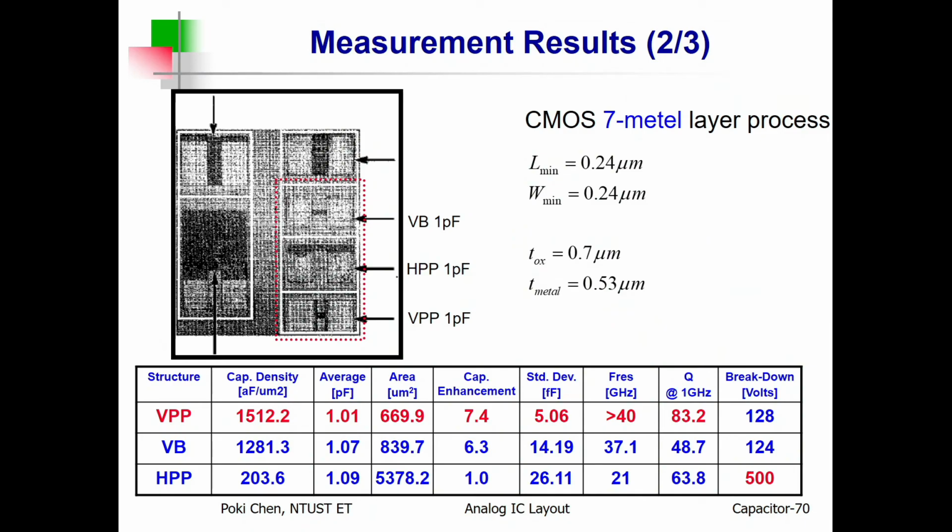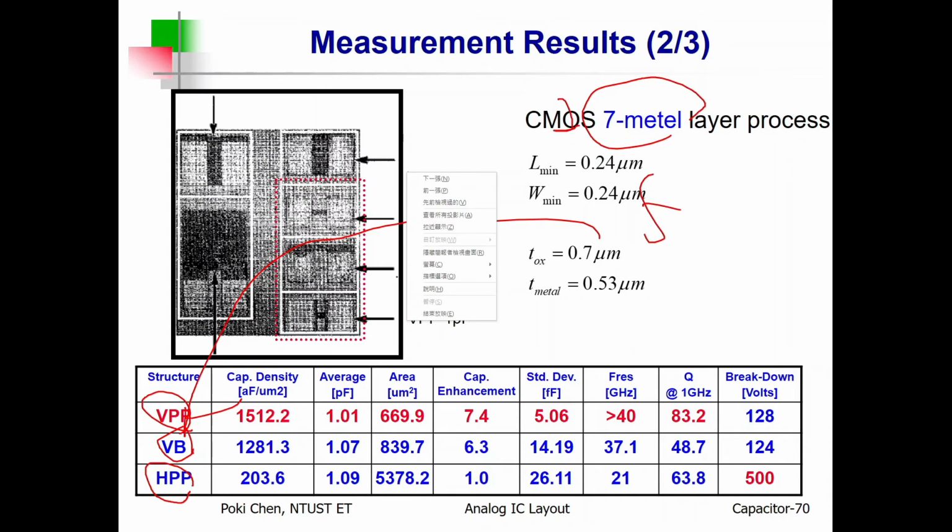Okay, and then they use better process with 7 metal layers to implement again VPP and the traditional horizontal parallel plate, but also vertical bars, because they can sacrifice 2 out of 7. So totally they have 5 metal layers for VB.